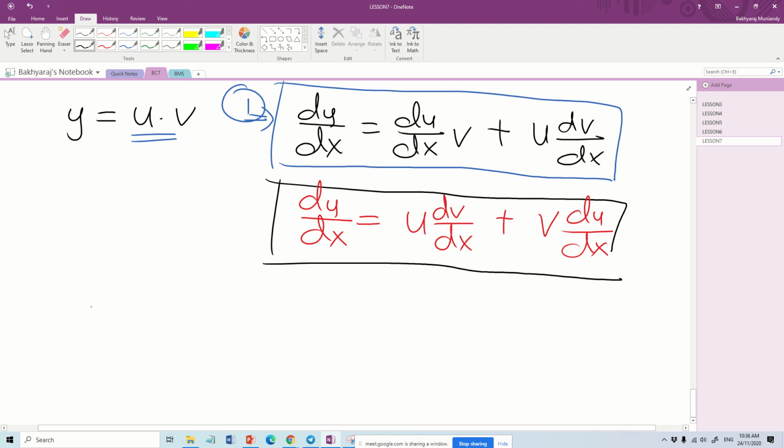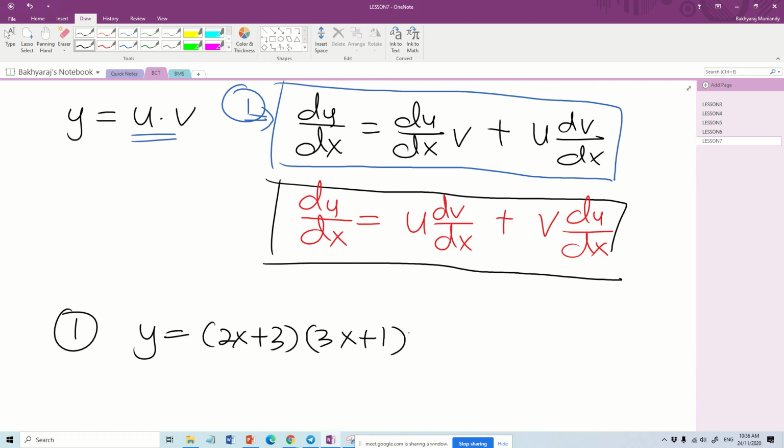Okay, next I go for the question. So I go question number 1. So y equals (2x plus 3) times (3x plus 1). Okay, saya nak buat yang ni pula. Once you copy the formula, then you try how to do this.